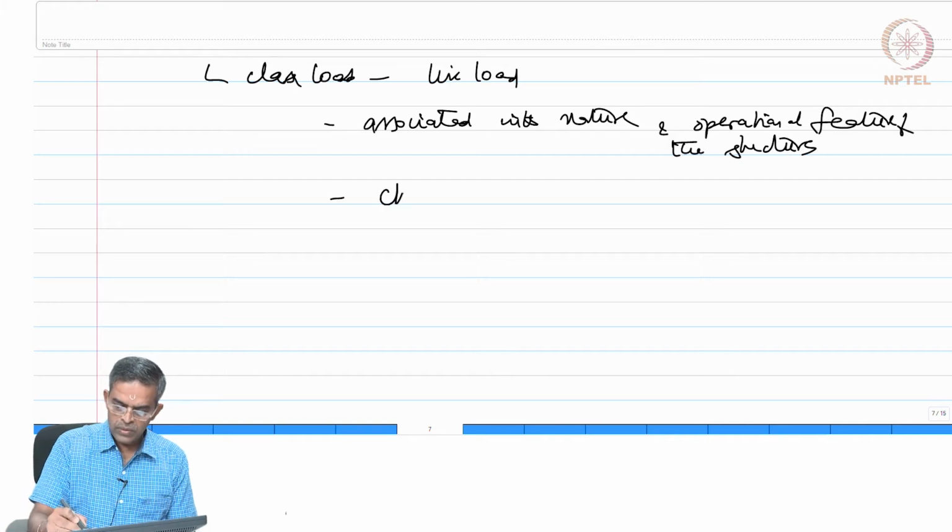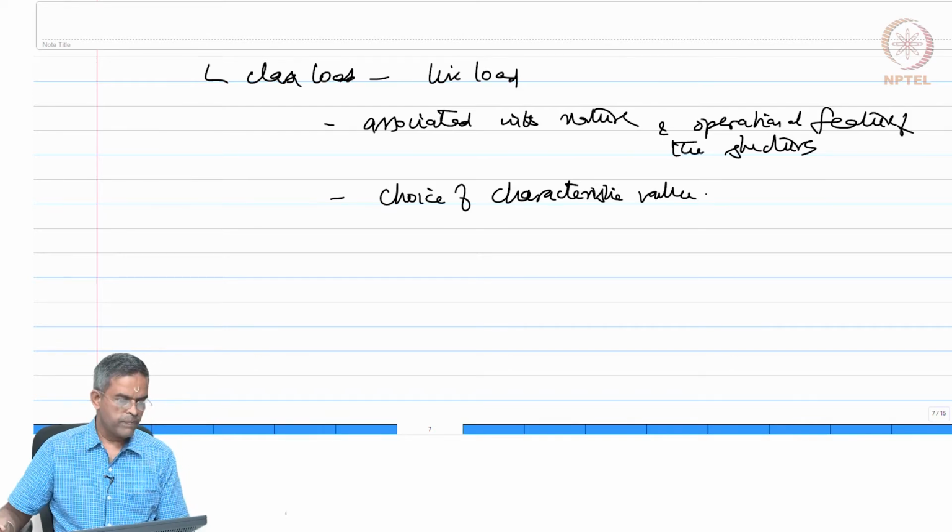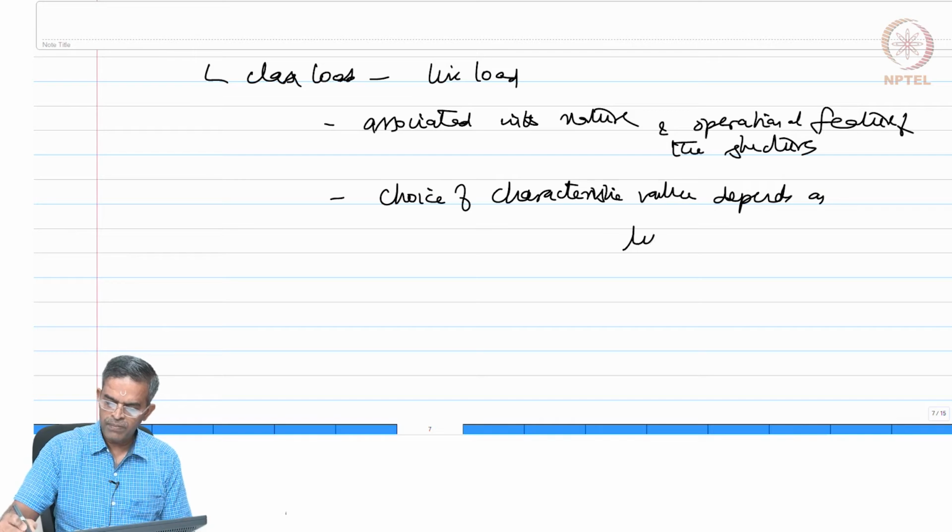So, now the choice of the characteristic value depends on the type of the structure, not on the type of the load, friends.